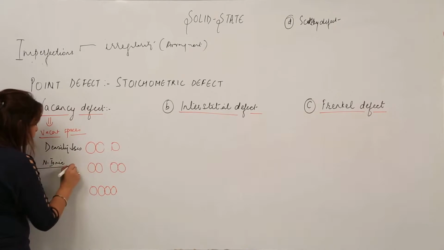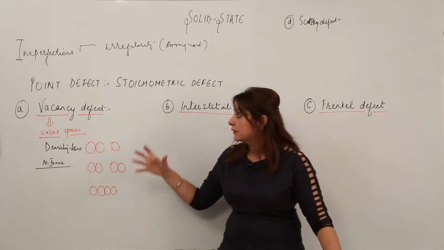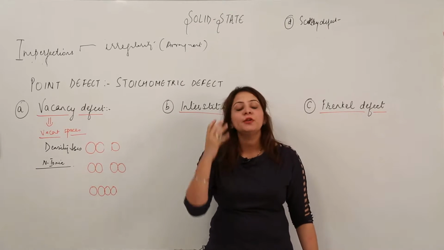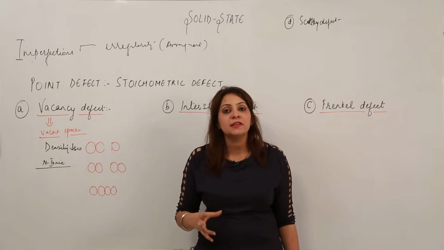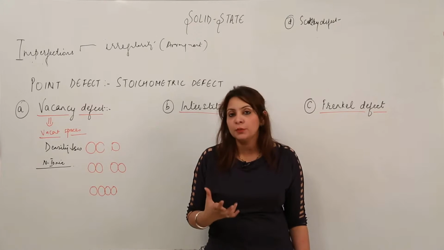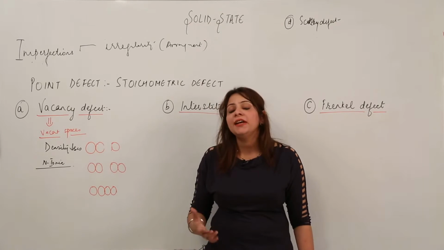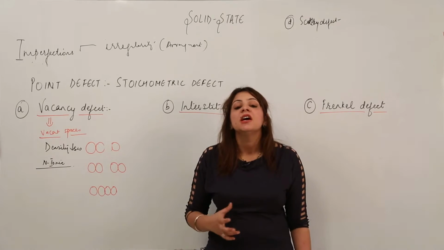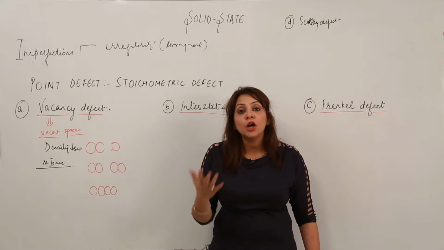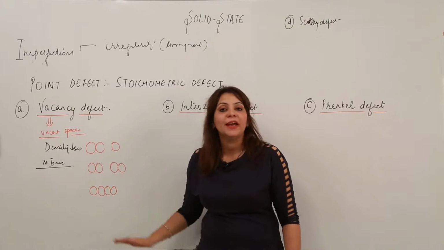So if somebody asks you about the vacancy defect, you are going to say that in a non-ionic crystal, there are few particles missing from their position, and we get to see vacant spaces in between. So the mass per unit volume is lost, and therefore the density decreases. This is the vacancy defect.